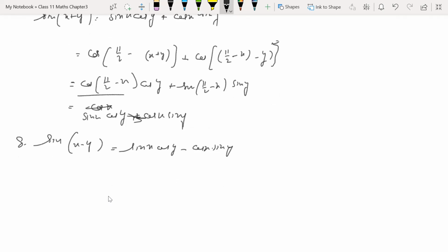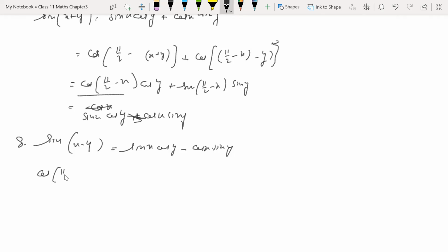And in all the other identities, if you put suitable x and y values, then you can reach the following results also.